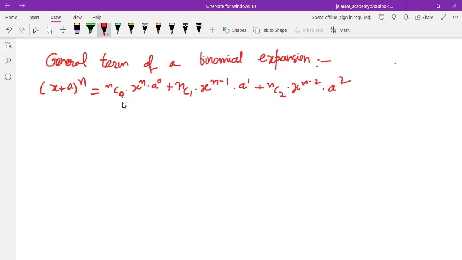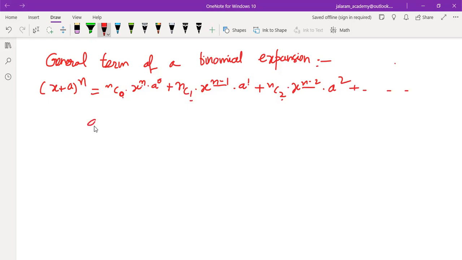So if you compare, the first term has suffix 0, power of x n, and power of a 0. In the second term, nC1, the suffix is 1, the power of x is n minus 1, and the power of a is 1. In the third term, we get nC2, meaning 2 as the suffix, power of x n minus 2, and power of a as 2.